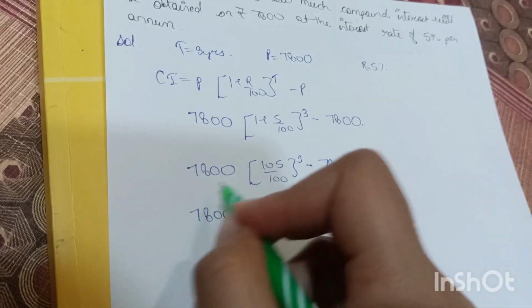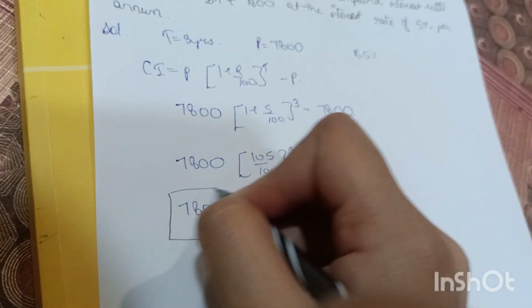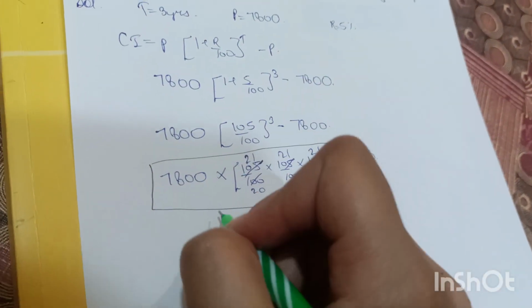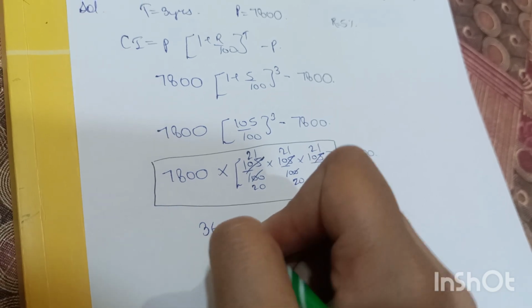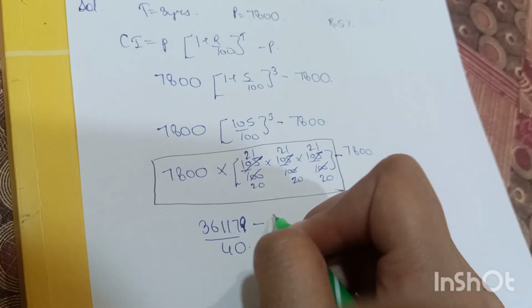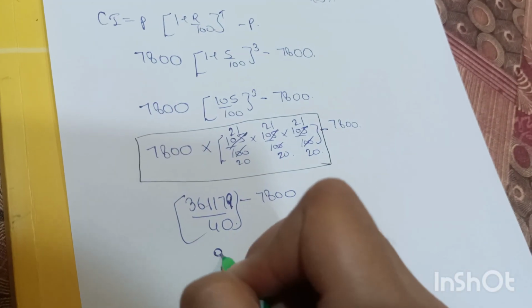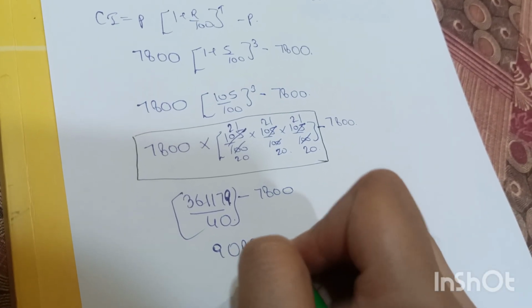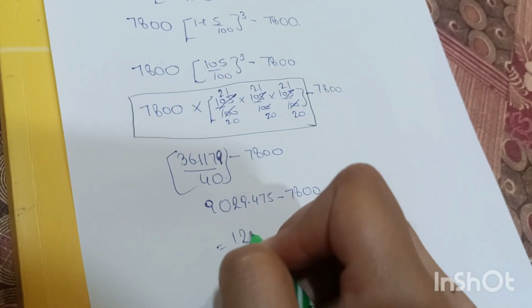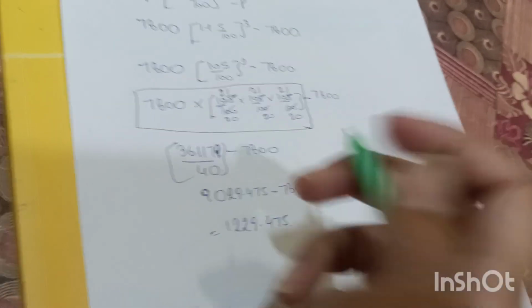When you solve this part and cancel this out, you will get this much value. So this is your CI.